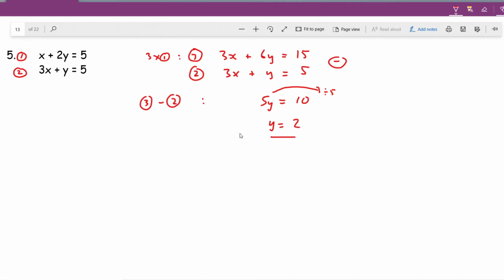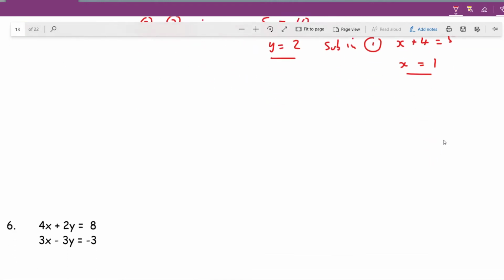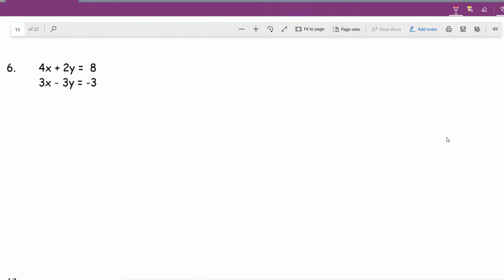So y equals 2, and this time I'm going to sub into equation 1. If y equals 2, this gives me x plus 2 lots of 2, which is 4, equals 5. So therefore x must equal 1. Simple as that.